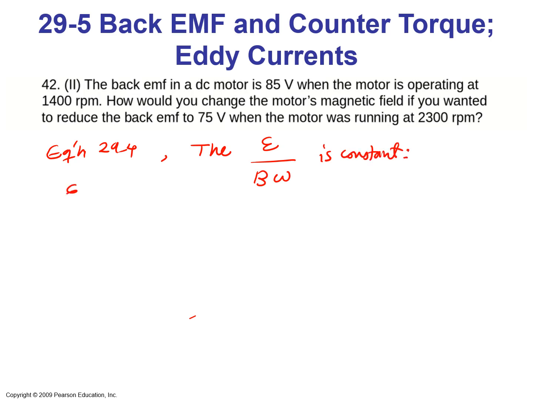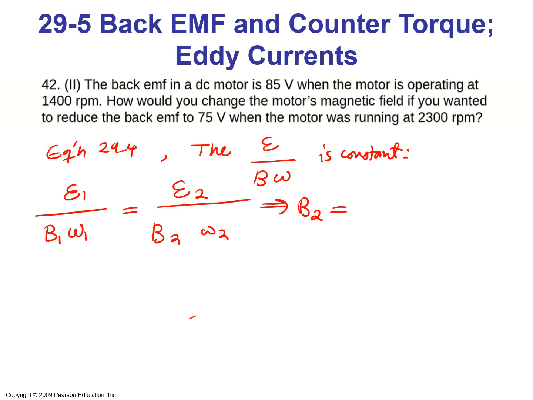We can write it down as EMF1 over B1 omega 1 should be equal to EMF2 over B2 omega 2. If we solve it for B2, we have EMF2 over omega 2 multiplied by B1 omega 1 over EMF1.